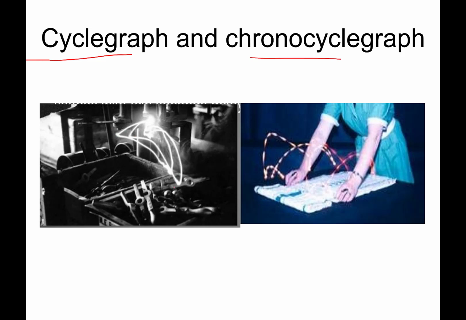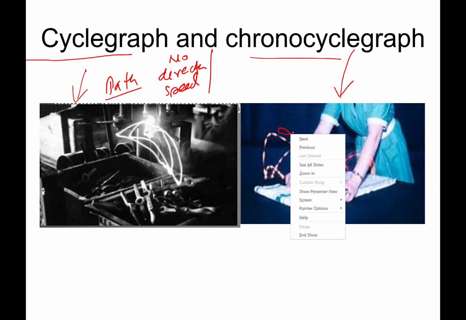These continuous lines show only the path, not the direction or the speed of the movement. So this is the case of the cycle graph. And in the chronocycle graph you can see the movement of the two hands, wherein the dots can be seen like this. Okay, sorry, this is just opposite.